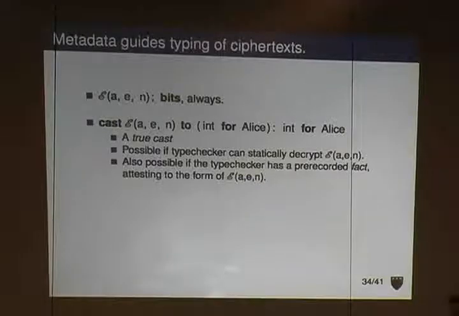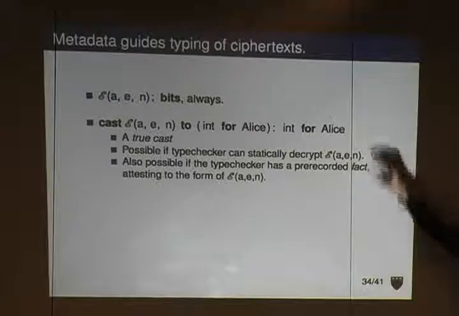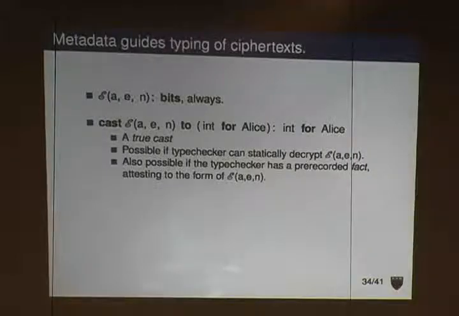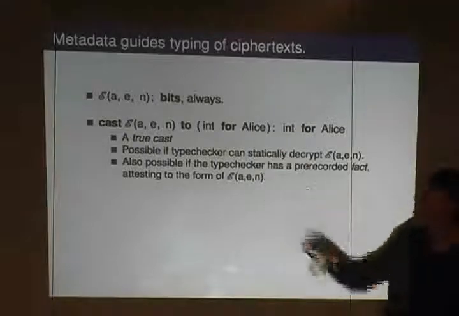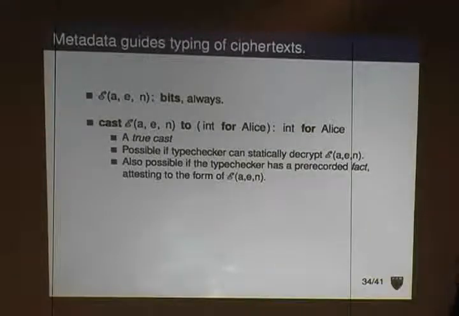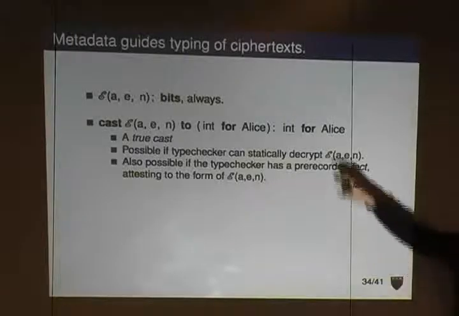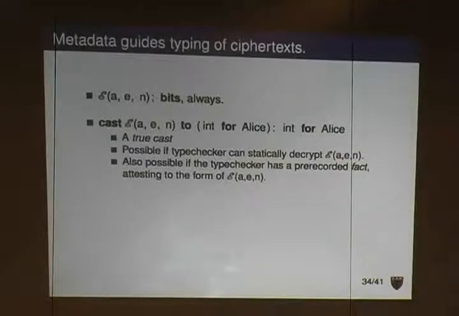And we can do this in a couple of cases. If you're Bob in our previous example, you can do this because, like I said, you know the history of the text. You recognize those bits. So you can use this sort of reasoning. If you're Alice, again, you can use this sort of cast in order to, by decrypting the ciphertext and checking for yourself that it really is an int for Alice, and you're in good shape.